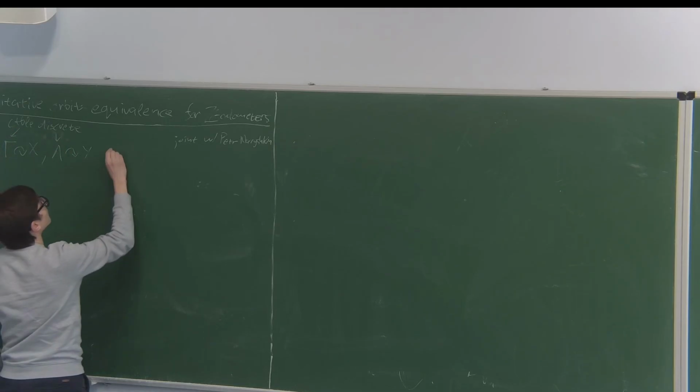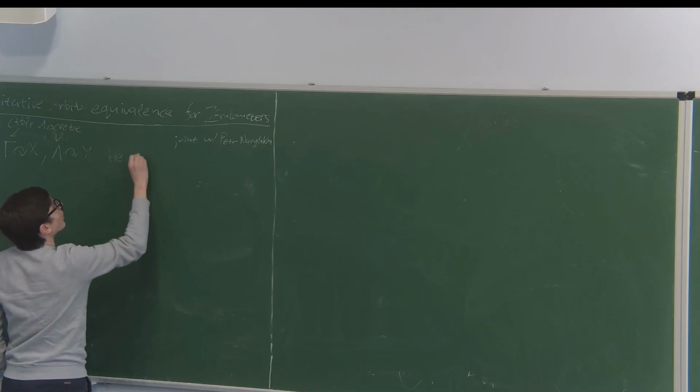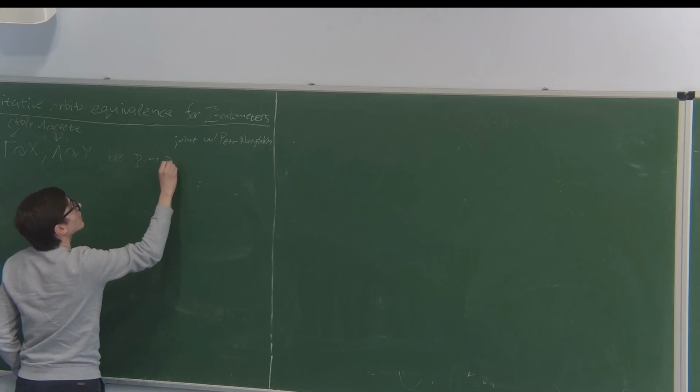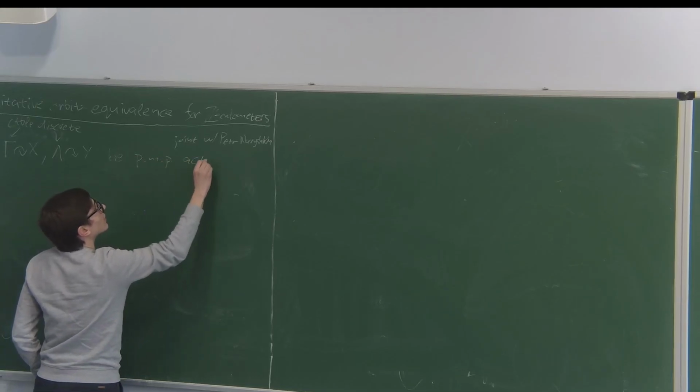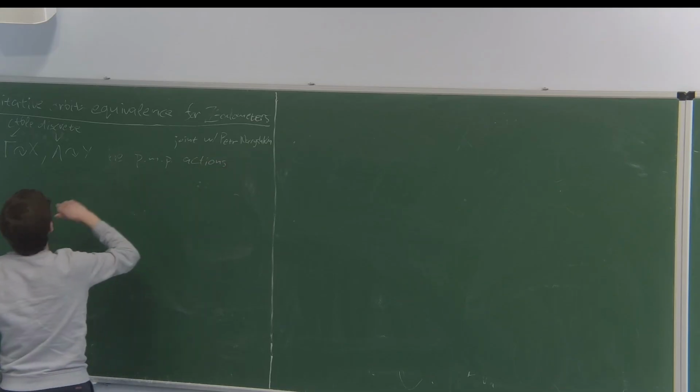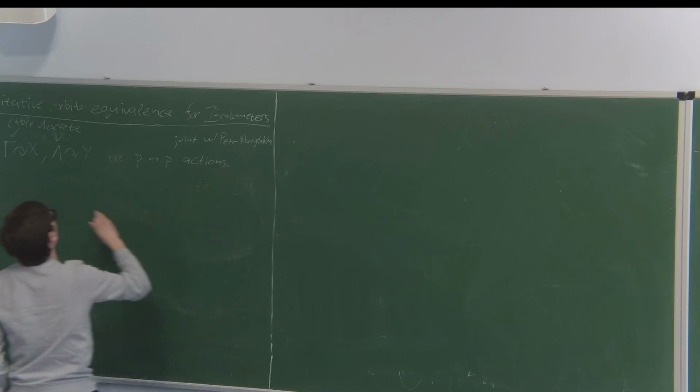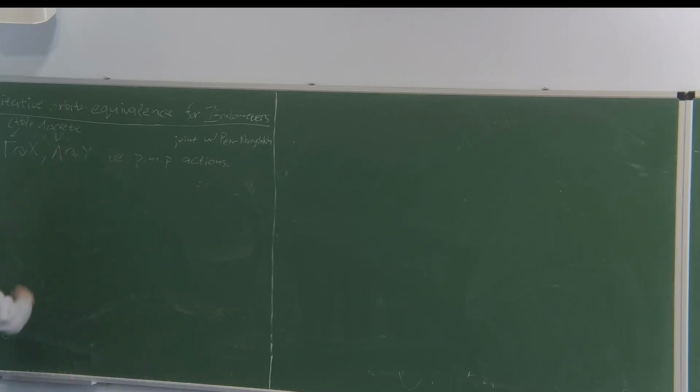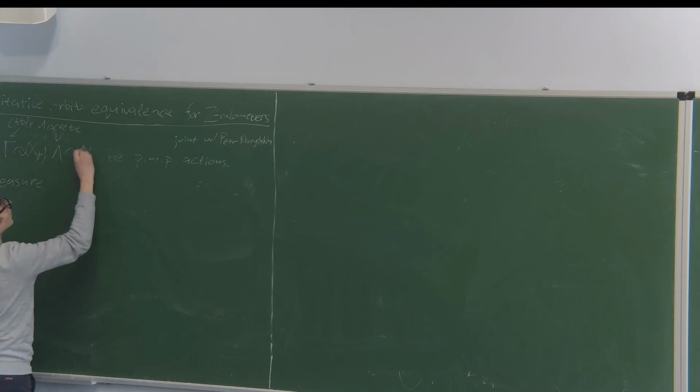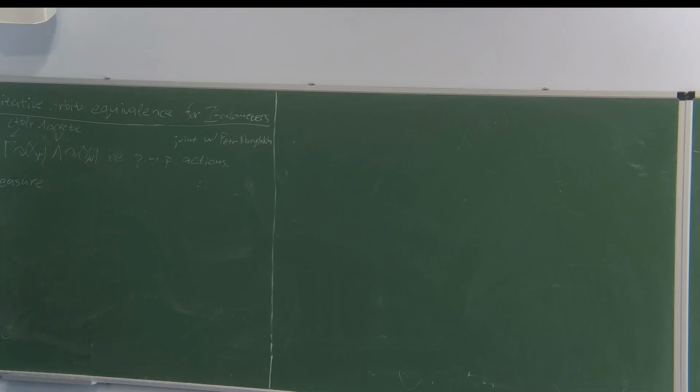Let them be probability measure preserving actions on standard spaces. Of course here we have some measure nu and some measure nu, but more often than not I'll omit the measure. This way I will not be dealing with changing the measure and whatnot.